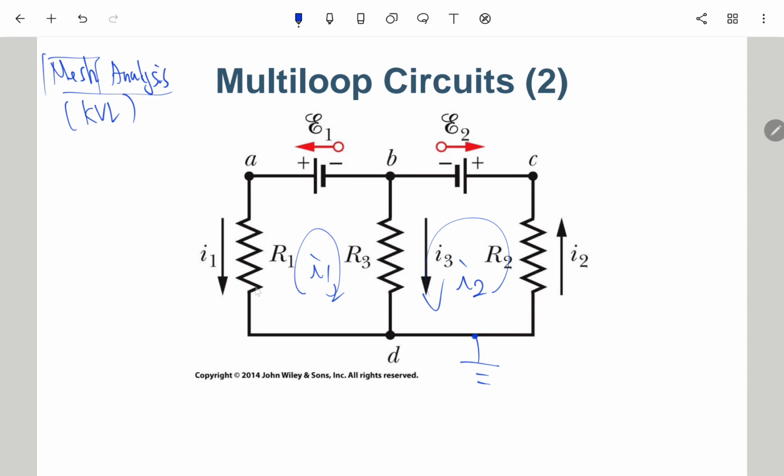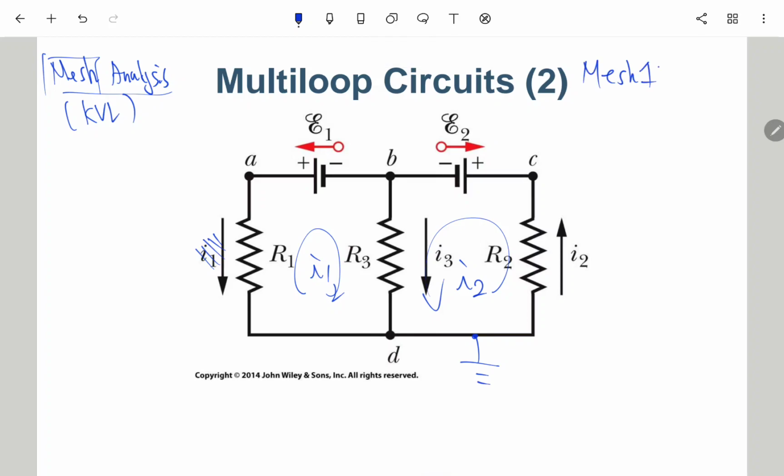We just ignore I3 first. I3 is formed by I1 going here and I2 going here, so I3 will be I1 plus I2. So the idea is like this. Let's try to write out the mesh equation for mesh 1.